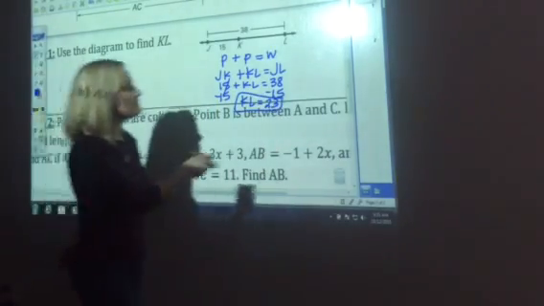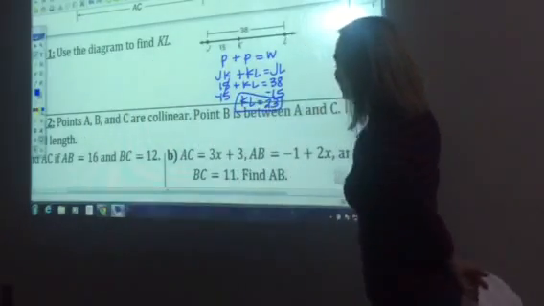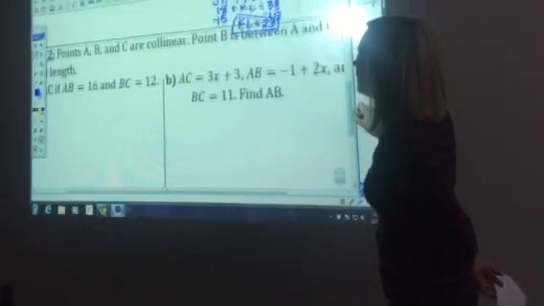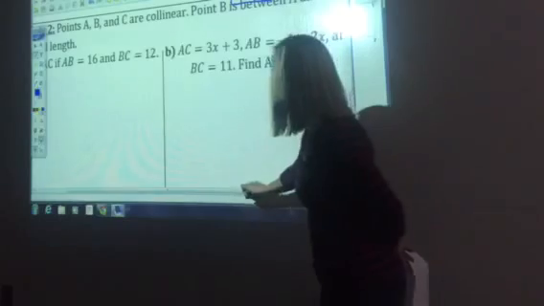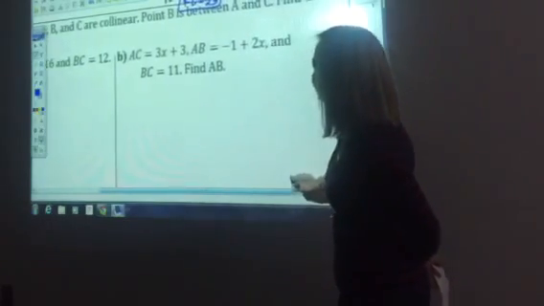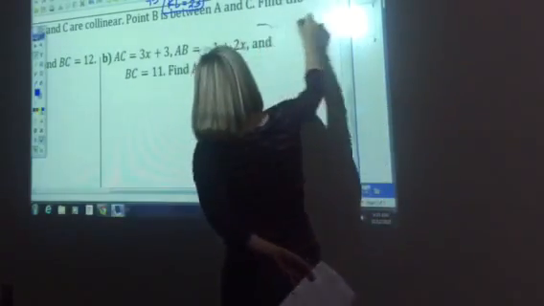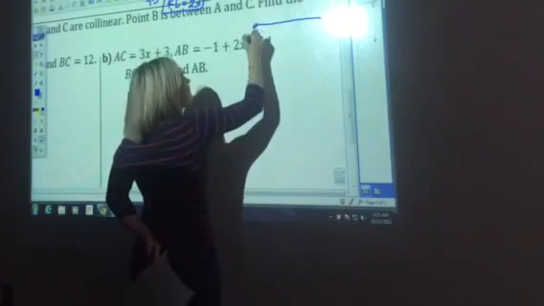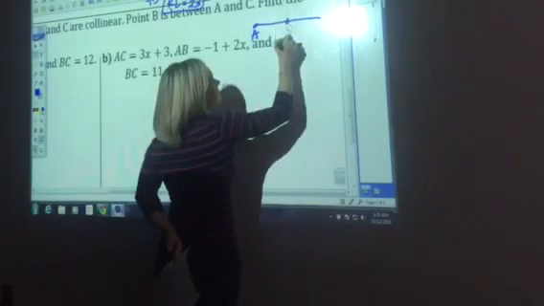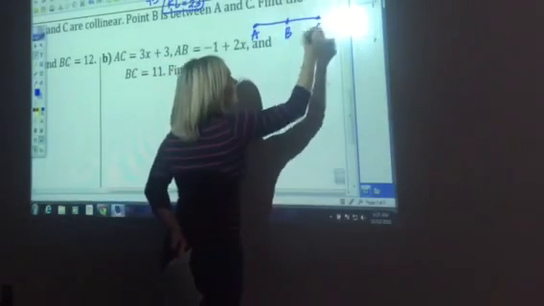If I go ahead and move on to our next one, number 2 says points A, B, and C are collinear, and B is between A and C. So if I go ahead and draw this, B is between A and C. You don't know where it's at, but that's what it looks like.